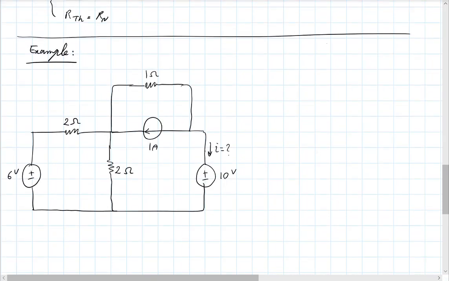Find the current I. So this is the current going through this voltage source.